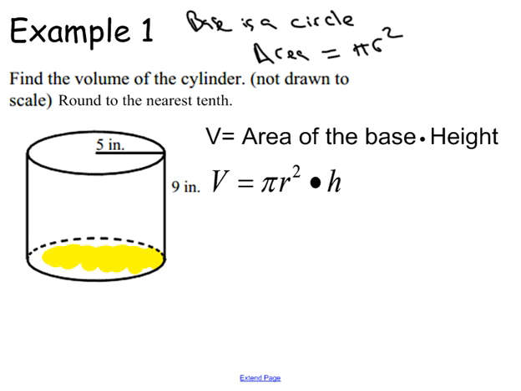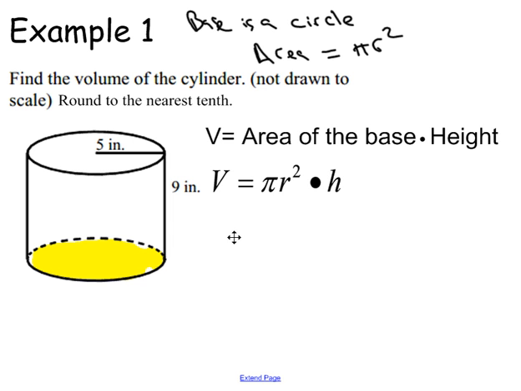So let's say this yellow region is the area of one of the circles. But you want to know the total space this takes up, so you have to multiply it by the height. So that's why this formula makes sense. Remember I told you that the cylinder is a stack of circles. That's why you're multiplying by the height.